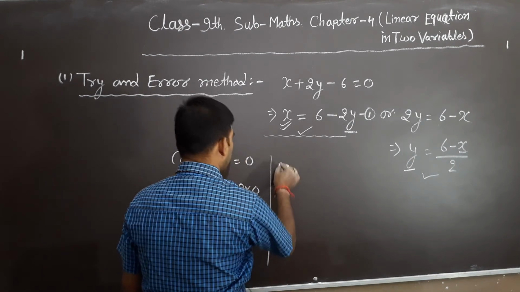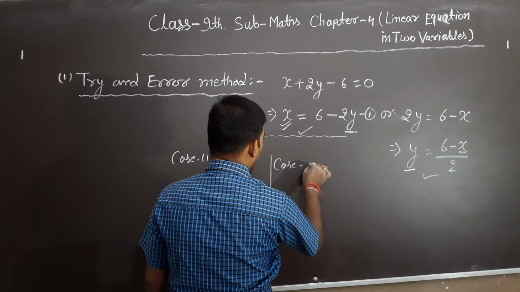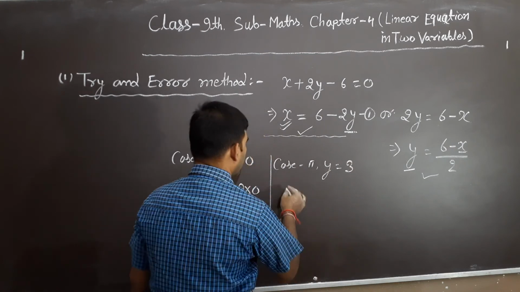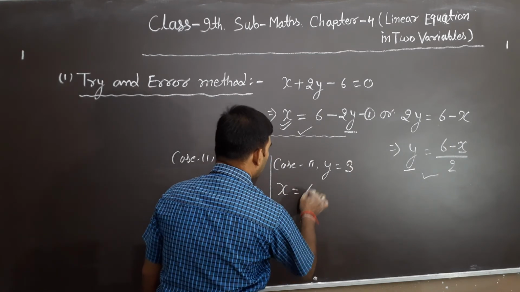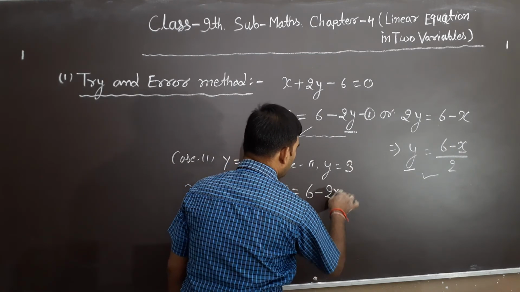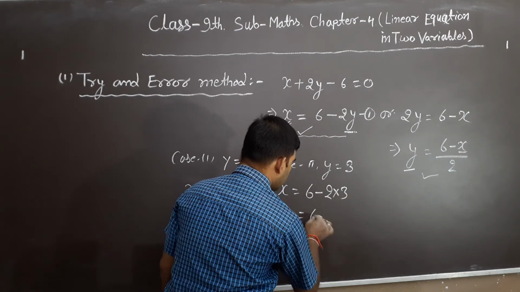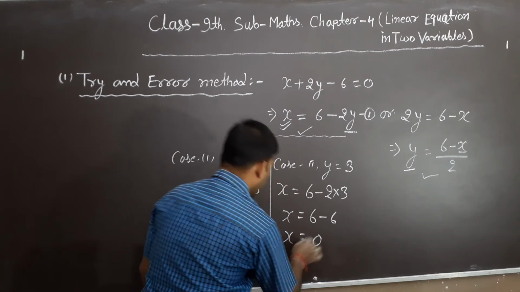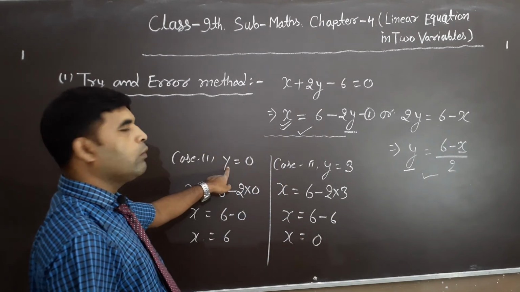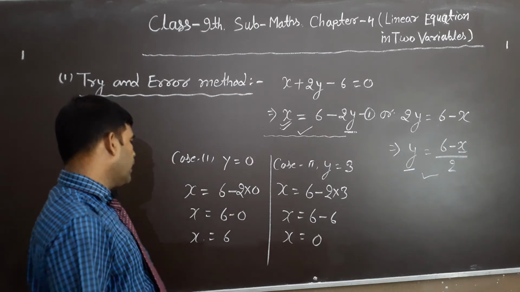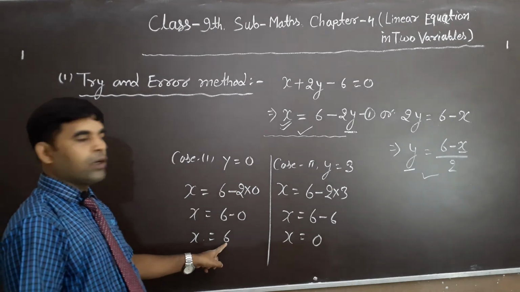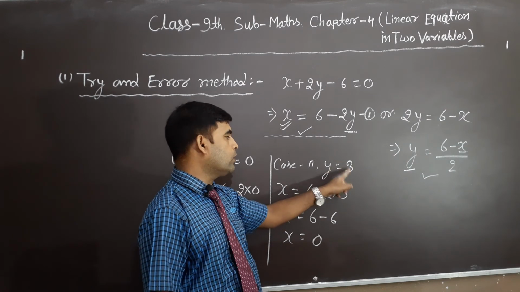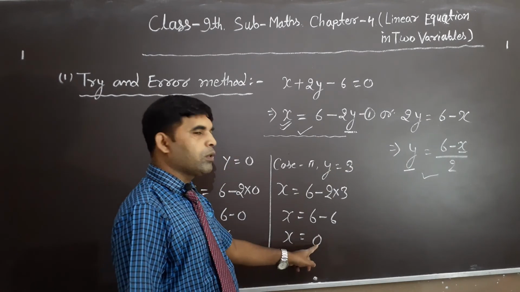Case 2: y is equal to 3, then x is equal to 6 minus 2 into 3, we get 6 minus 6, that is 0. When we put y equal to 0 we get x equal to 6, and when we substitute y equal to 3 we get x equal to 0.